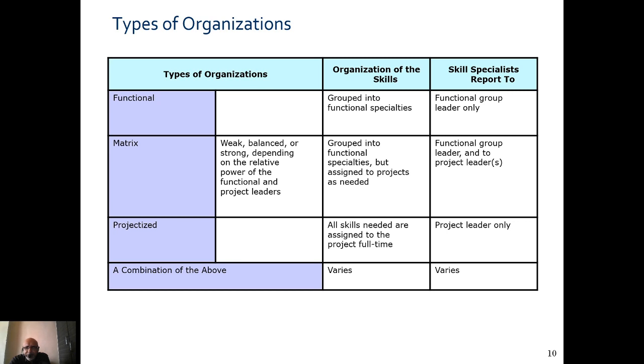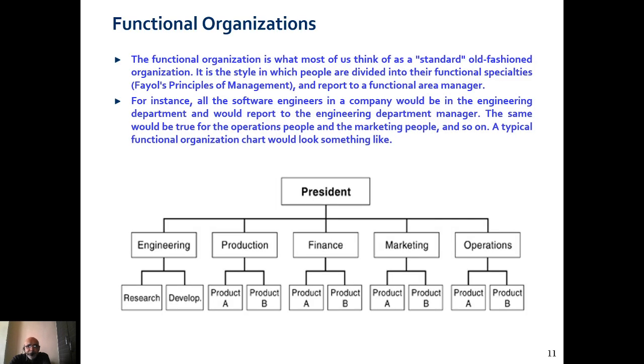And projectized: all skills needed are assigned to the project full time. So a dangerous option is there. Extremities are there, functional and projectized. So if you are doing any kind of hybrid organization, the skills and the skill specialists will vary. So let us look at the functional organization. Likewise, I have said that it is just looking like the department structure.